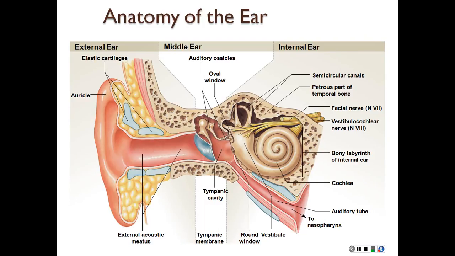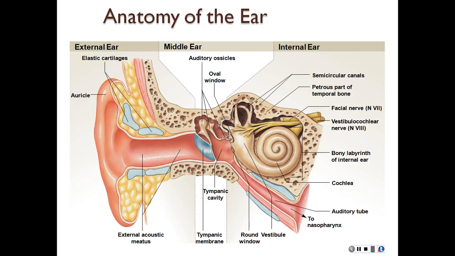Okay, and then the auditory tube. Have you ever been on an airplane and your ears pop? That is because of this area here. The job of the auditory tube is to equalize pressure on both sides of the eardrum. The eardrum is susceptible to differences in pressure.